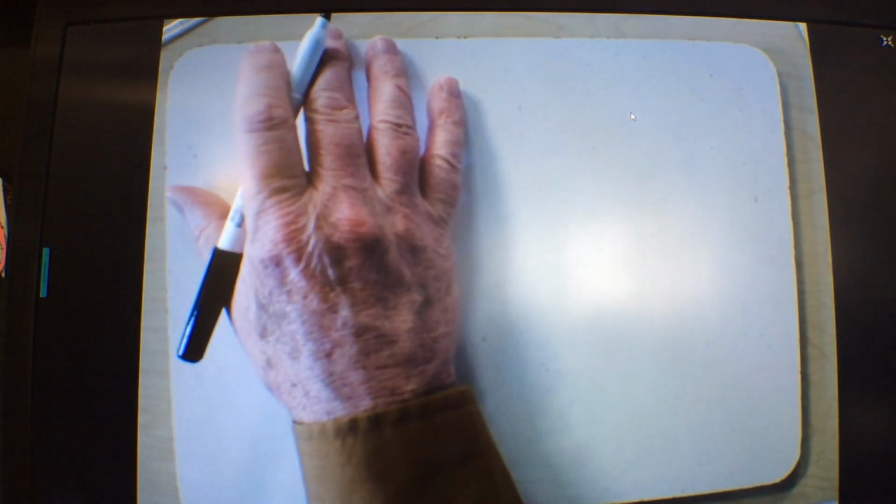Let's take a look at page 420, number 28.